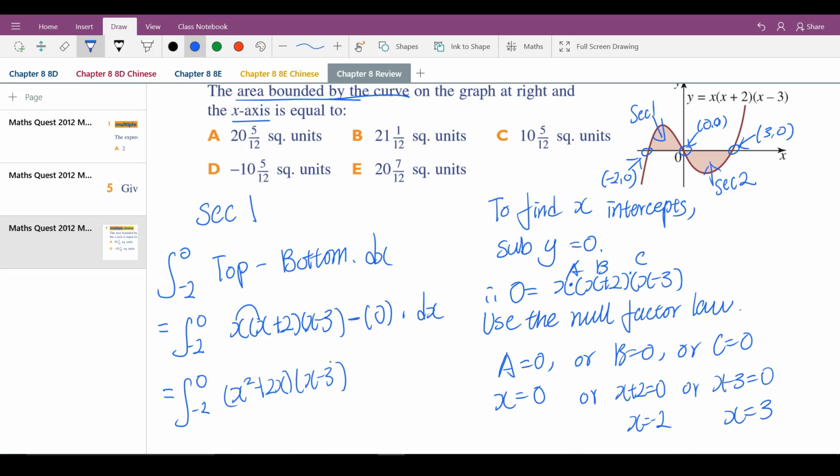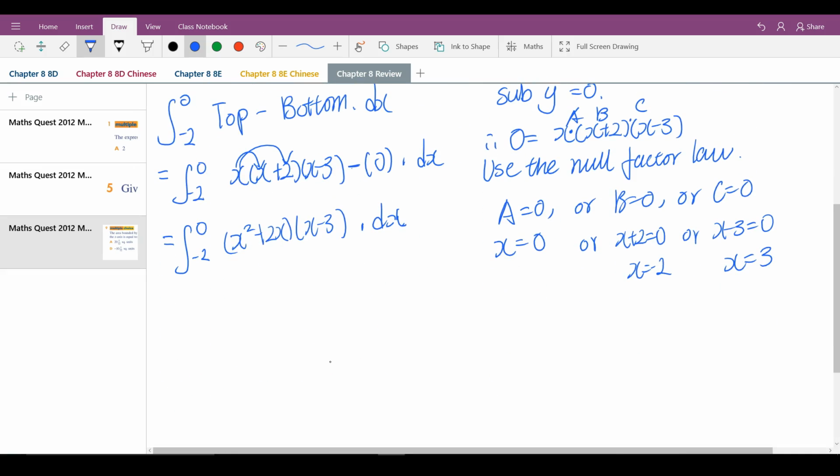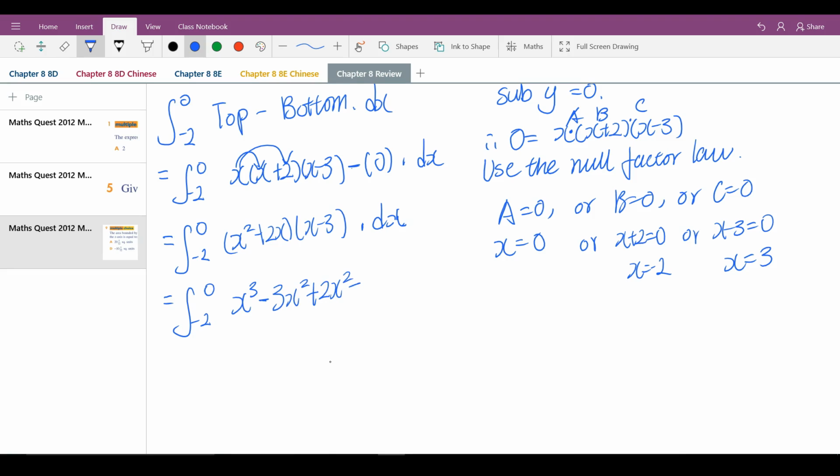So what I did, just distribute this into this one. The negative 0 is gone. Next we expand the next bracket. It becomes x cubed minus 3x squared plus 2x squared minus 6x.